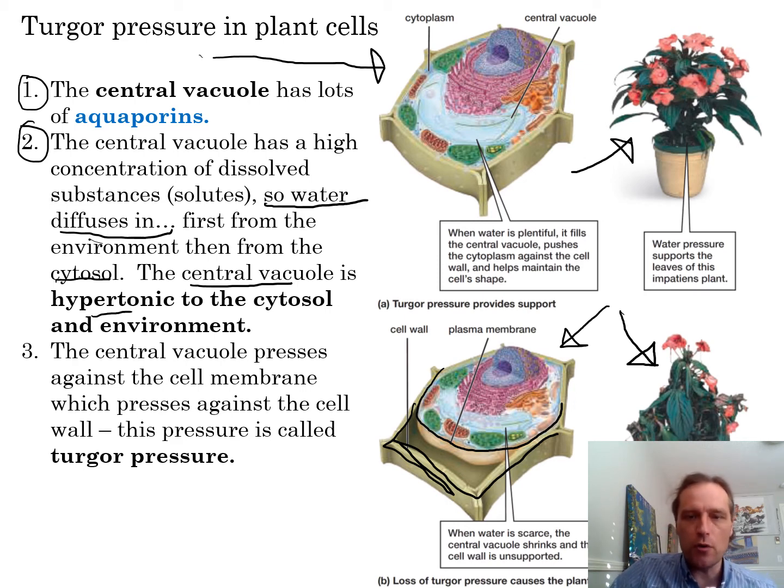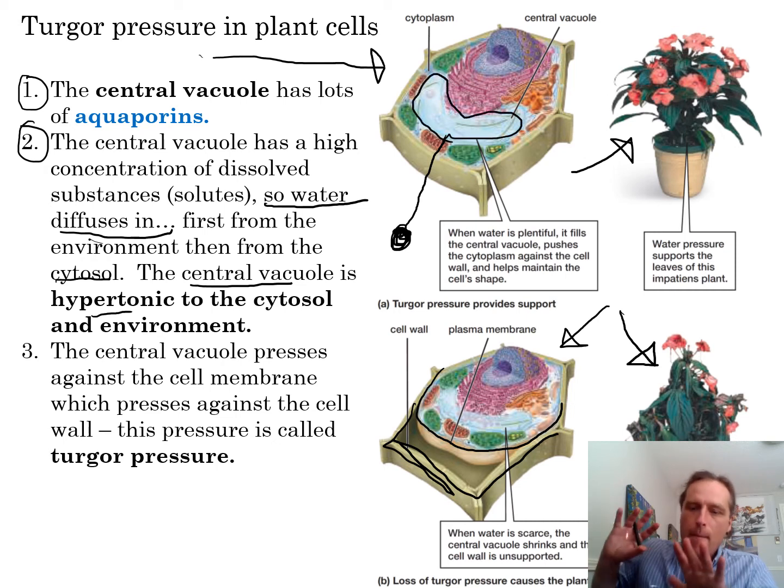So water diffuses from here, where there's lots of water, because I've been watering my plants, very, very responsible. There's lots of water in the environment, and it's going to diffuse into the cytosol, across the cell wall, across the cell membrane, and then, as I said, there's lots of aquaporins in the central vacuole, so it easily diffuses into the central vacuole, filling it up.